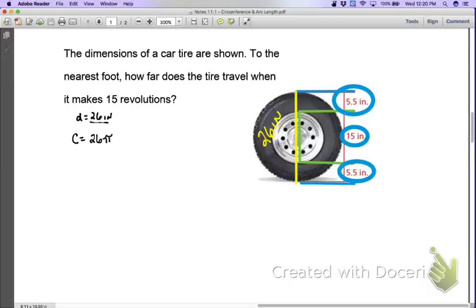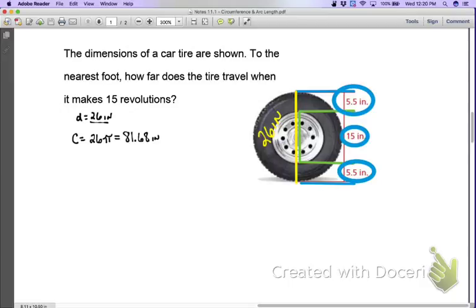Okay, so from there, the circumference is around 26 times pi. Now in this case, since we're going to have to take it to the nearest foot, it's okay to put it in decimal form. So if I go 26 times pi, I'm going to go 2 decimal places and I'm going to say 81.68 inches.